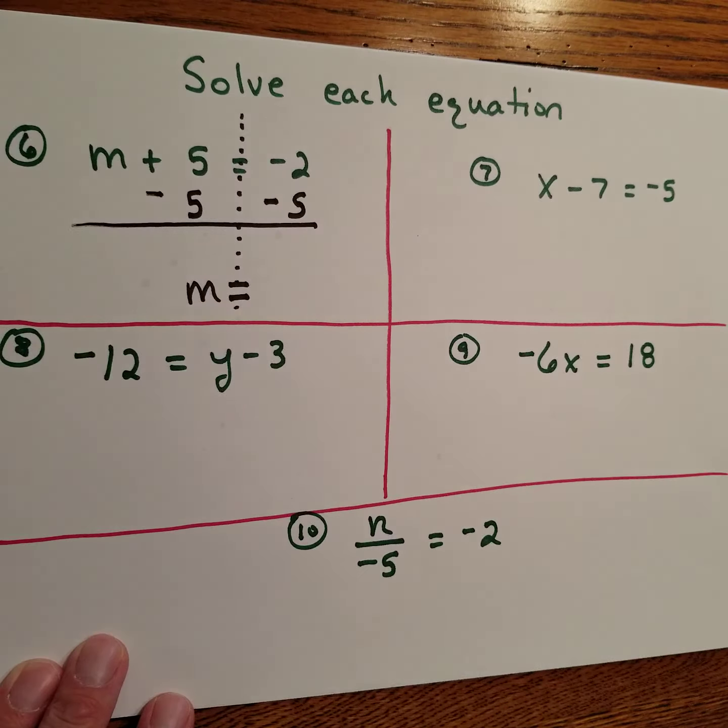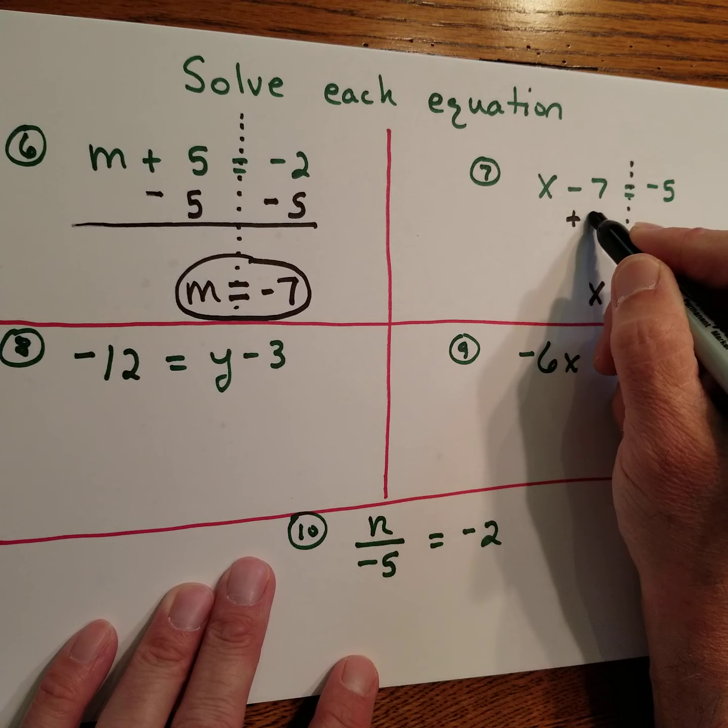I'll think of the equal sign as a fence. Now, you don't have to draw the fence in. The fence is something I draw in, but it's really just kind of in my head, I guess. When I'm finished, I'll have the variable on one side of the fence and my answer on the other. To get x by itself, the 7 must leave. What's the inverse to subtraction? Addition.